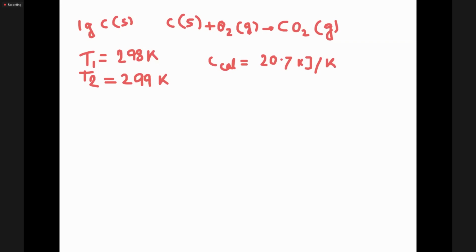Now we have to calculate the change of the enthalpy of the entire reaction course, and we have this following information: 298 Kelvin is the initial temperature, 299 Kelvin is the final temperature.